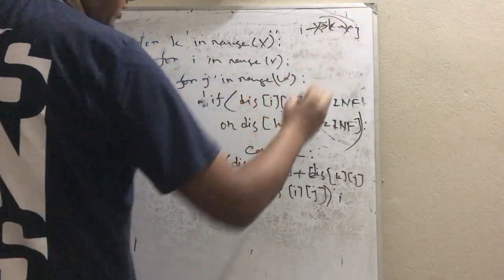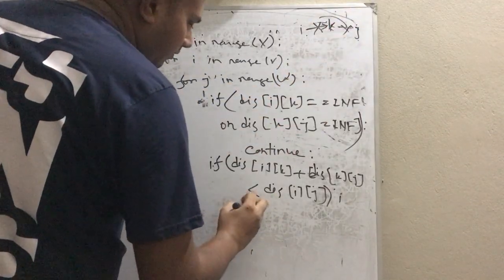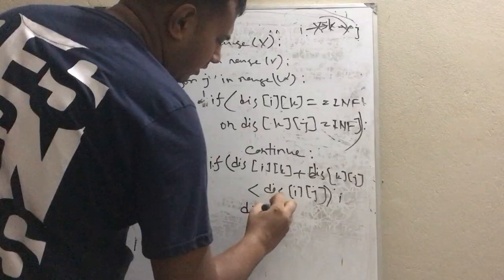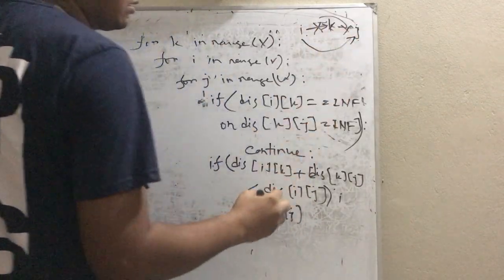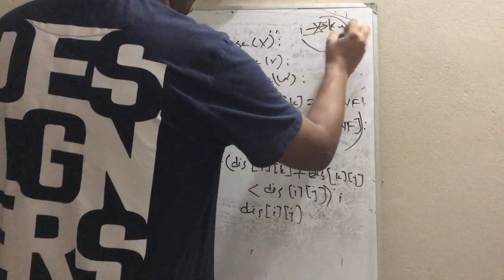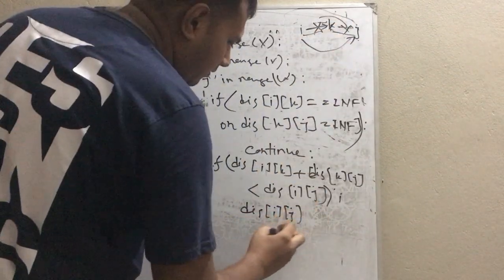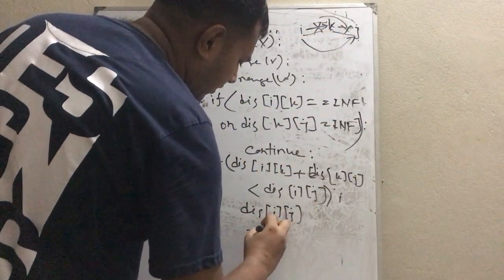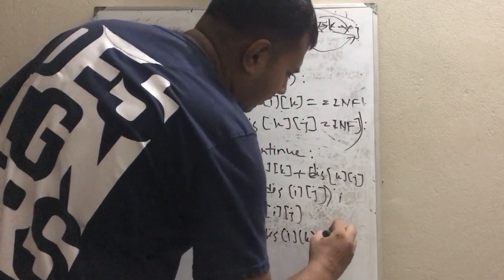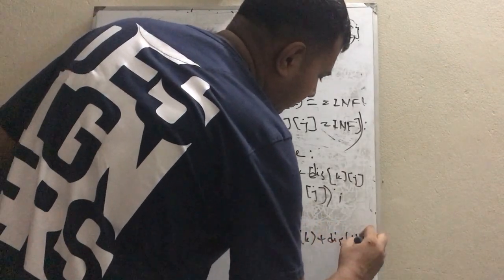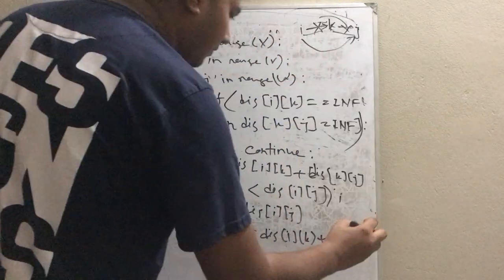It is i to k plus k to j. So we update the distance of i to j. What is now the shortest path between i to j? It is i to k plus k to j. So distance i to j equal distance i to k plus distance k to j.